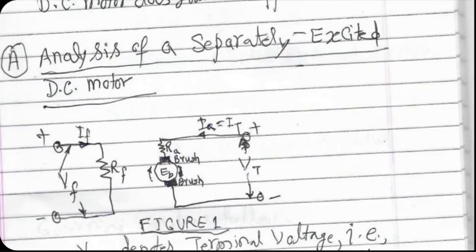It is an independent DC input voltage compared to VT. The current going in, IT, of course, in this particular case is the same as the armature current. However, look at the direction of current. Now the current is going into the armature. In case of a generator, current was coming out from the armature.